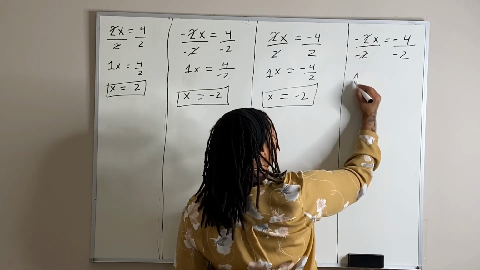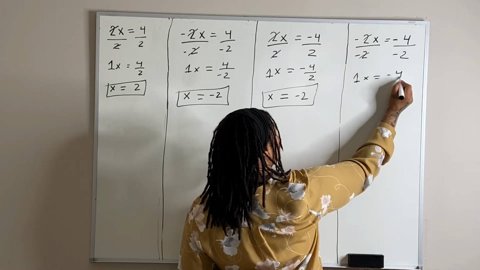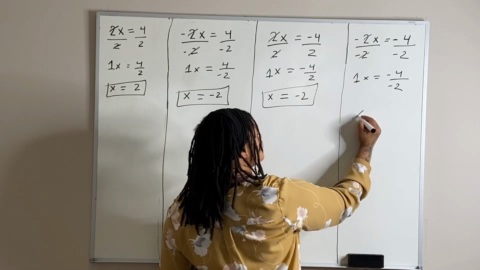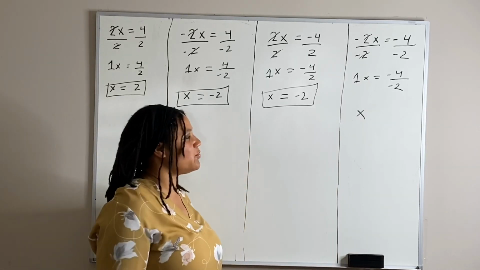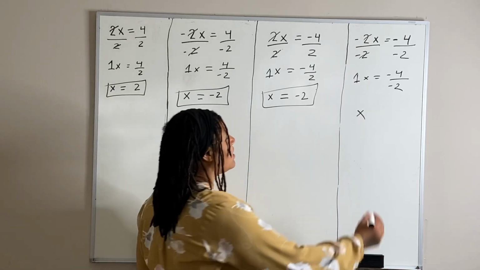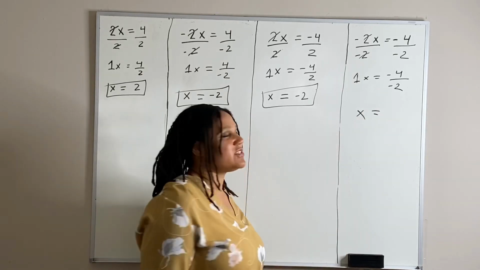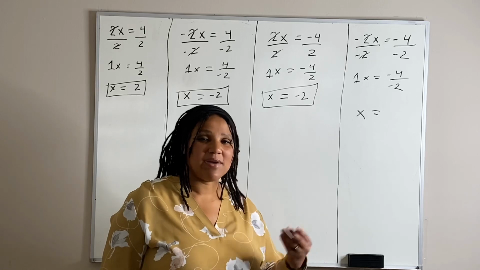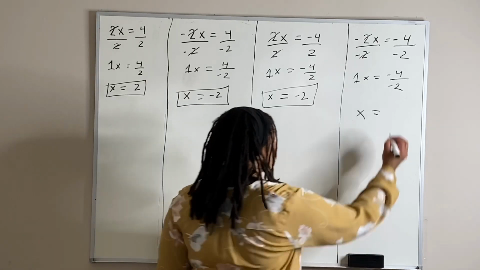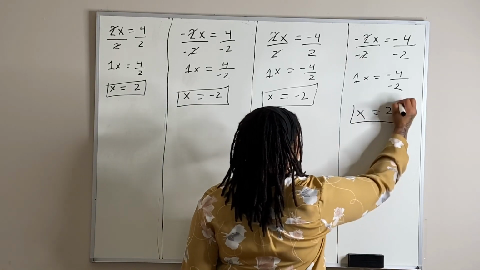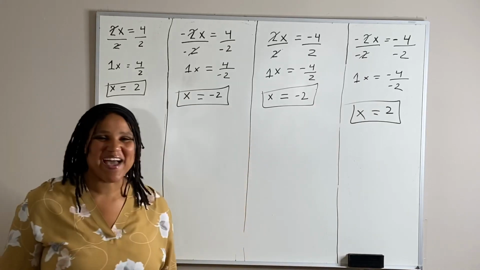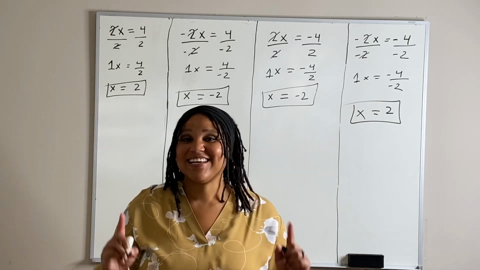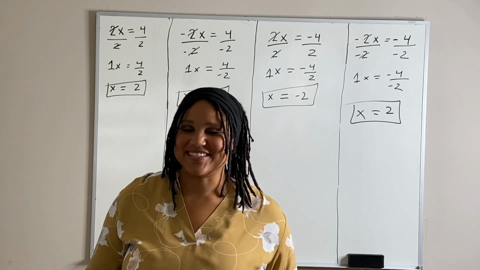We're left with 1x is equal to negative 4 over negative 2, which means we have x, because 1x is just x, right? And so a negative 4 divided by a negative 2 is a positive 2, because a negative divided by a negative is a positive, so that gives us positive 2. Okay, so there you have it for the first 4 examples. Let's look at our next set of examples.